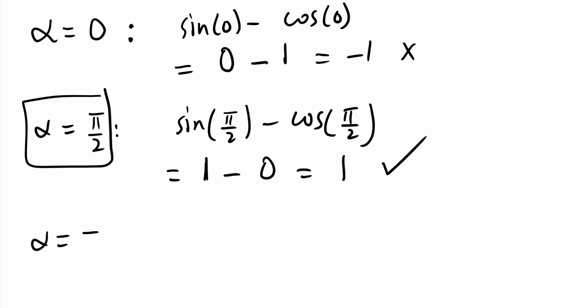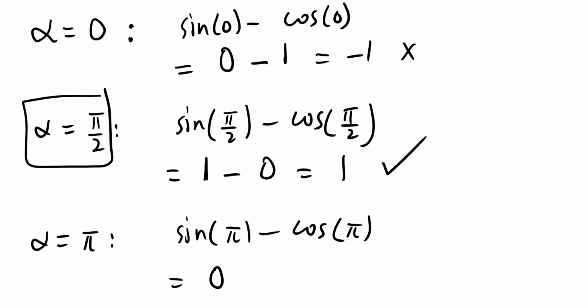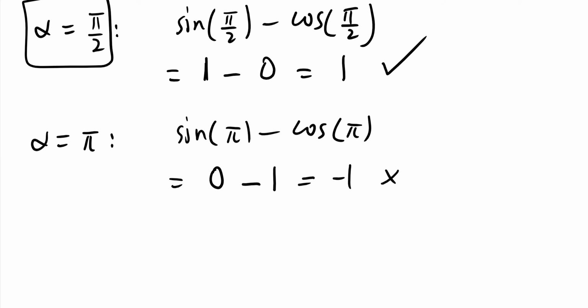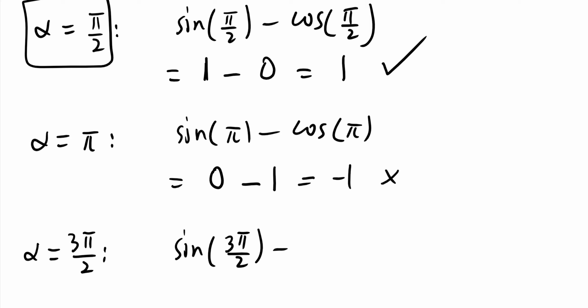The next value we obtained was alpha equals pi. Let's substitute that in. So we get sine pi minus cosine pi. Let's see if that's going to give us 1. This is 0 minus 1. That's a negative 1. This doesn't work. Doesn't check. The last one was 3 pi over 2. Sine 3 pi over 2 minus cosine 3 pi over 2.